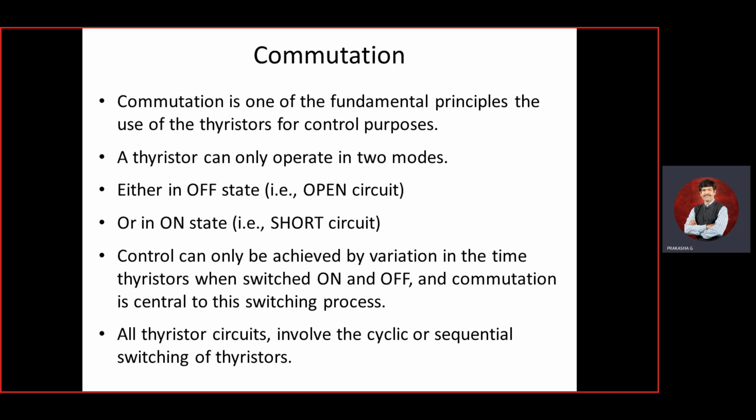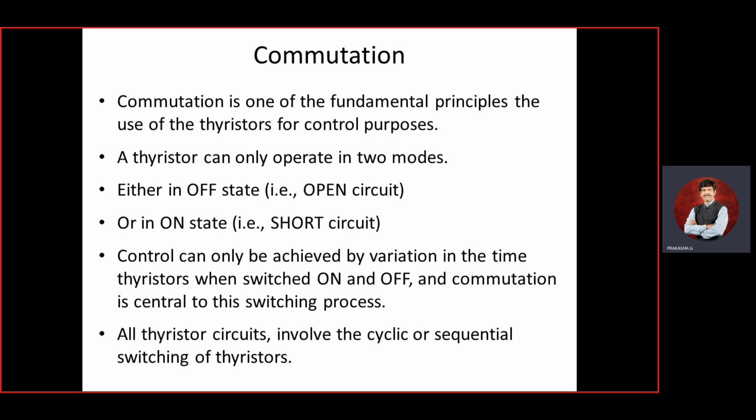Basically, the thyristor can only operate in two modes, either off state or on state. Any device can work in off state or on state, and the thyristor is the same. If it is off state, it is an open circuit. If it is on state, it is a closed circuit or short circuit.